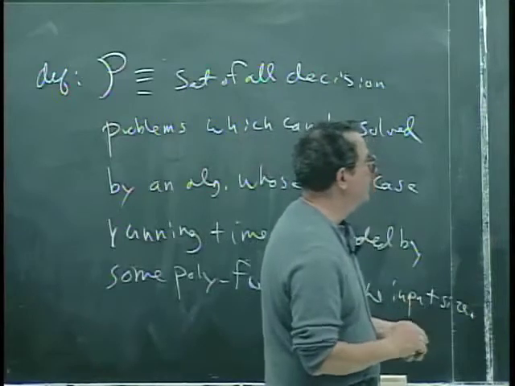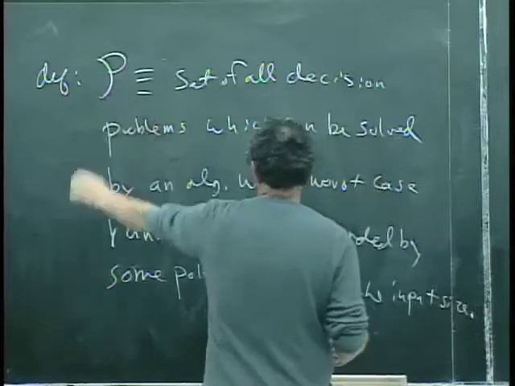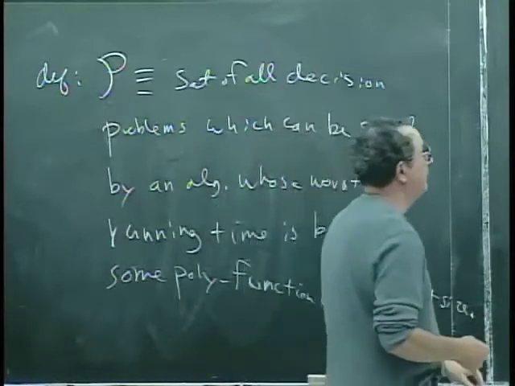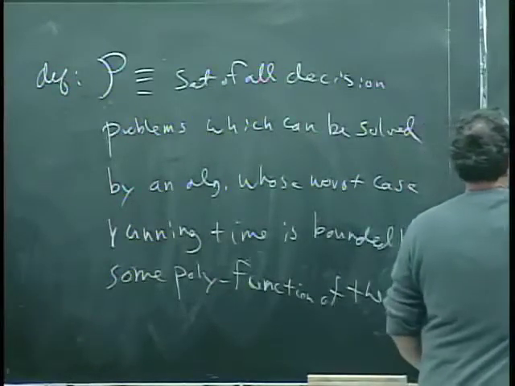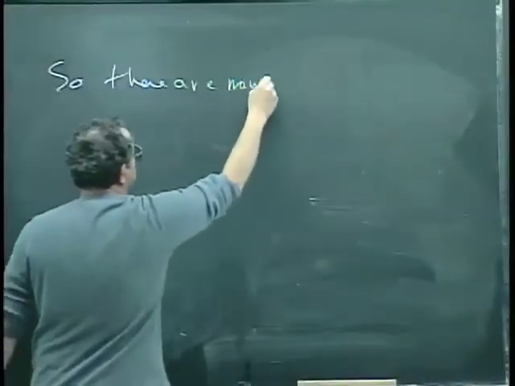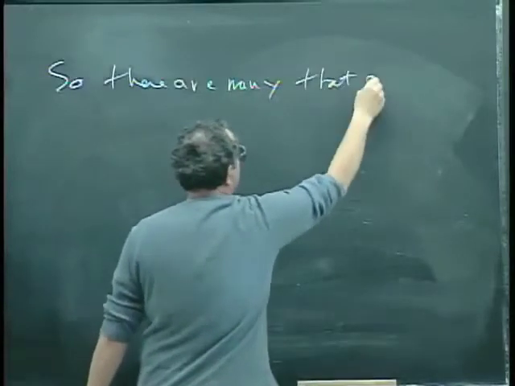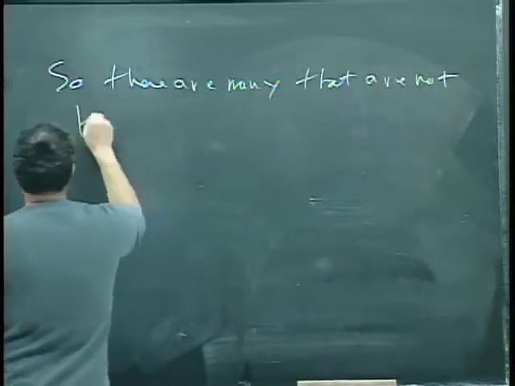So we have all these problems where we don't know algorithms that put the problem in class P. There are many problems, actually huge many problems, that are not known to be in P.